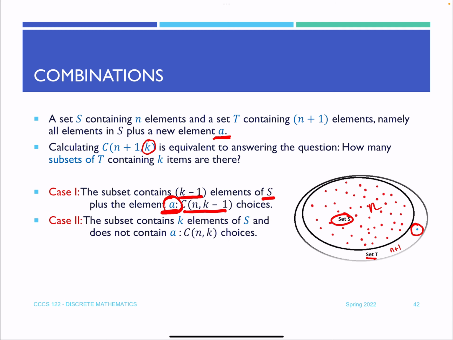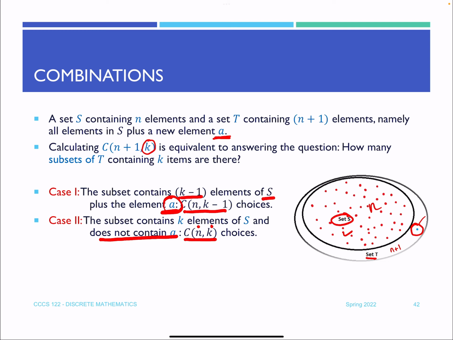The other case is we select a subset in which this element A over here is not chosen, which means all k elements are picked from inside of set S. So this chosen subset does not contain A. And there are C(n, k) ways of doing that, selecting all k elements from within the n elements of S. Those are the two options.